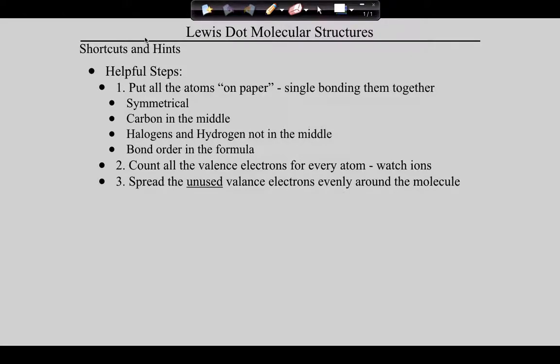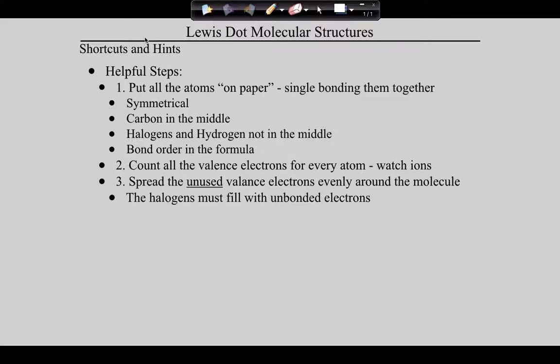Then guys, step number 3 is spread out all the unused electrons evenly around the molecule. And guys, when you do this, you need to make sure that halogen is filled up with unbonded electrons. You've got to fill the halogens with unbonded electrons because there's no other way for the halogens to get 8 electrons other than giving them unbonded electrons.